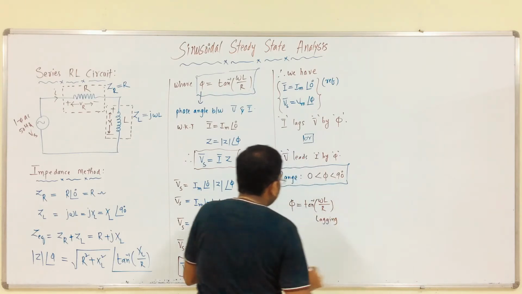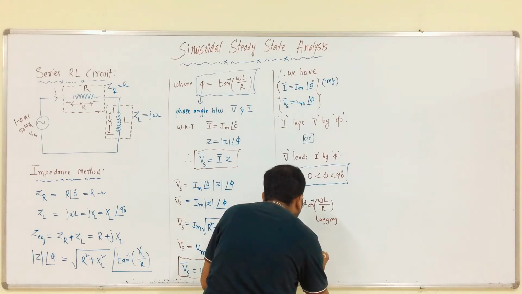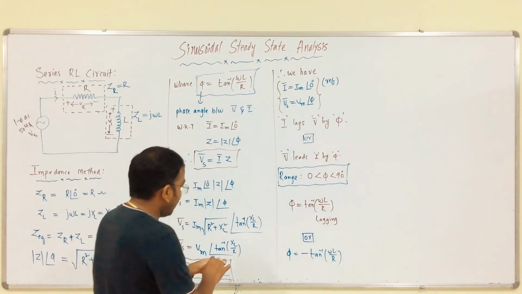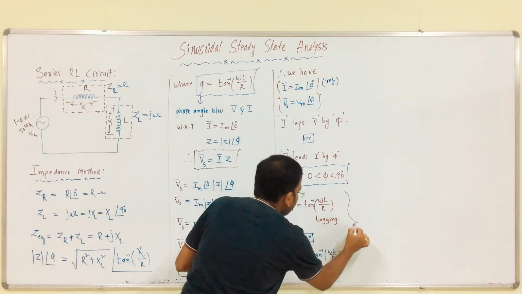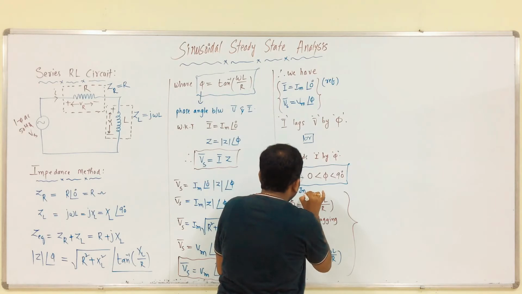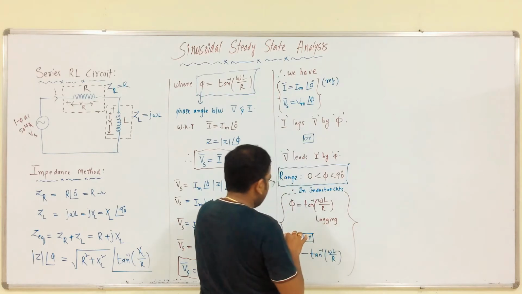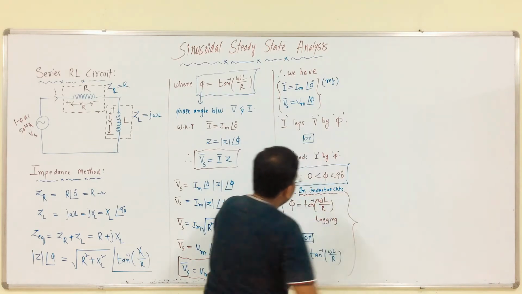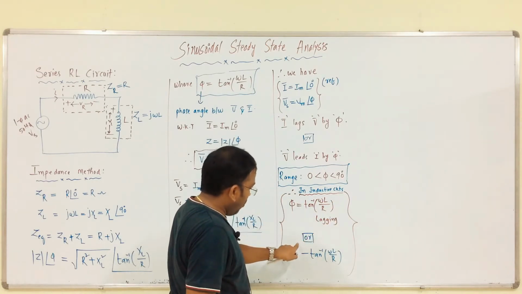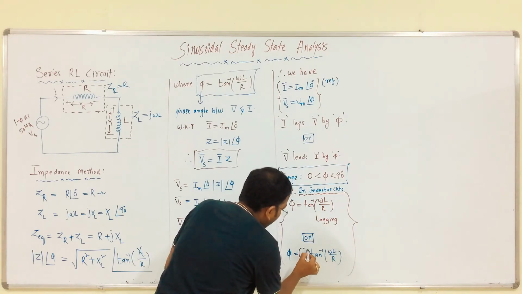We can say like this, or phi is equal to minus tan inverse omega L by R. The phase angle, therefore, in inductive circuits, is phi equals tan inverse omega L by R lagging, or phi equals minus tan inverse omega L by R. This minus sign represents what?